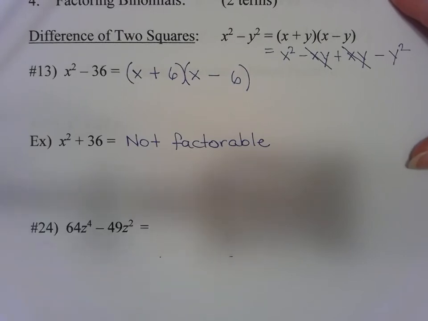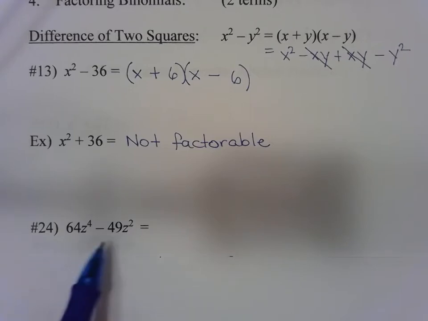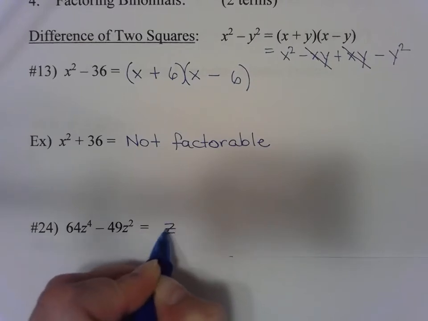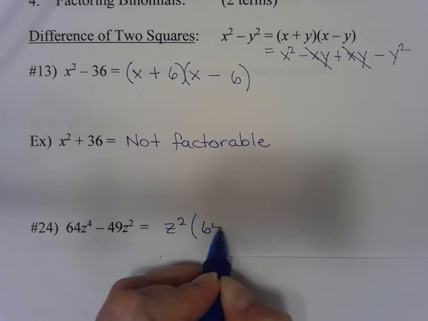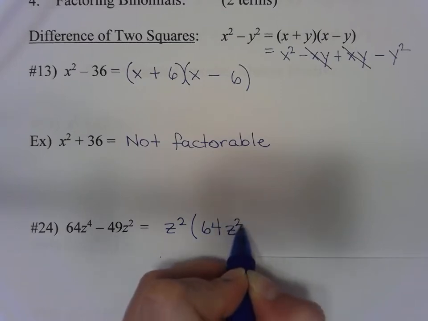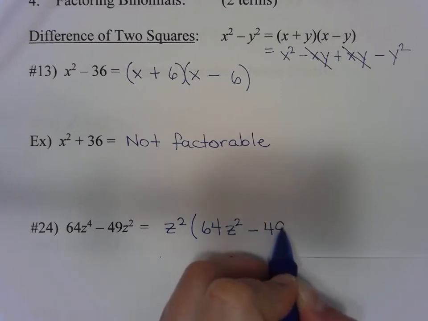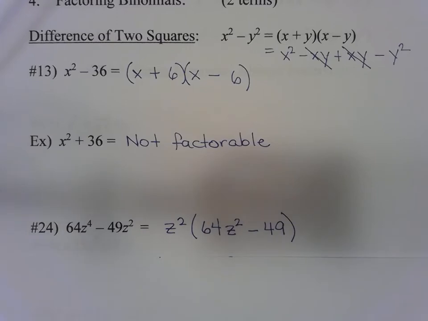All right, I think I have a couple more. This one actually has a GCF. So what do these two terms share? They both have a z squared. Right? Maybe you saw that at the beginning, maybe you didn't. If you didn't do it right away, you could definitely do it second.